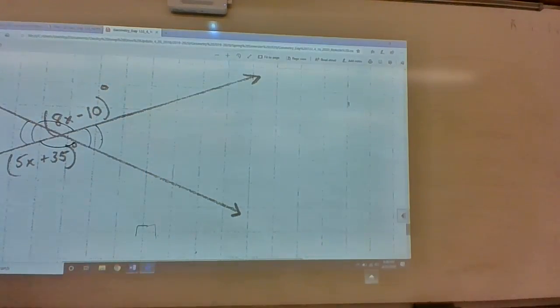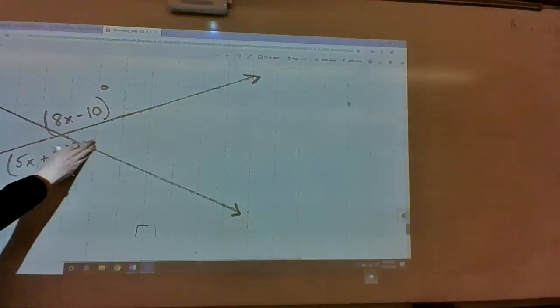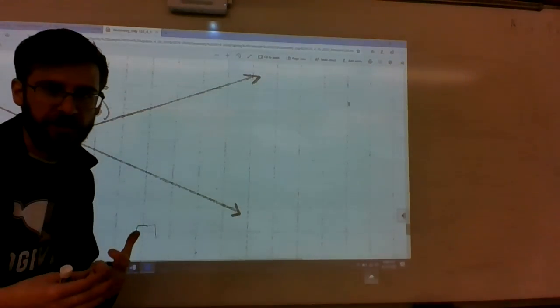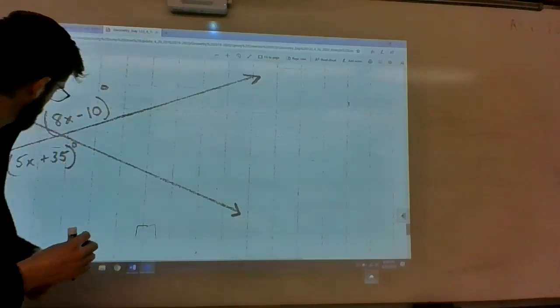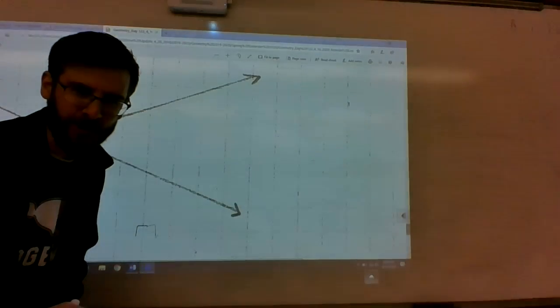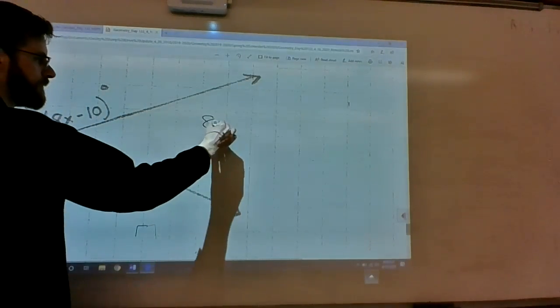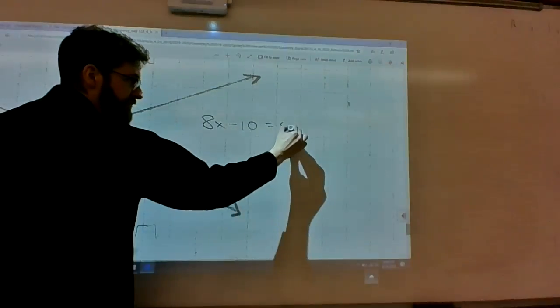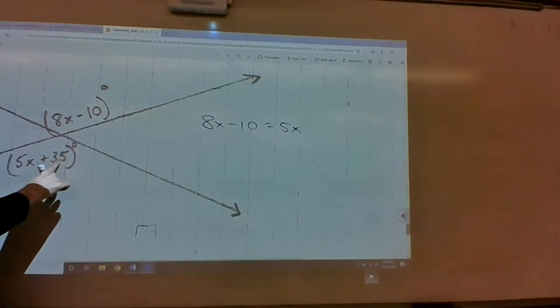So, these are vertical angles. They are equal to each other in degree measure and value. So you set them equal to each other. 8x minus 10 degrees equals 5x plus 35 degrees.